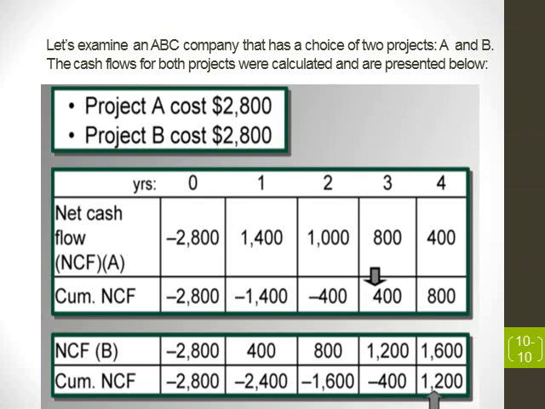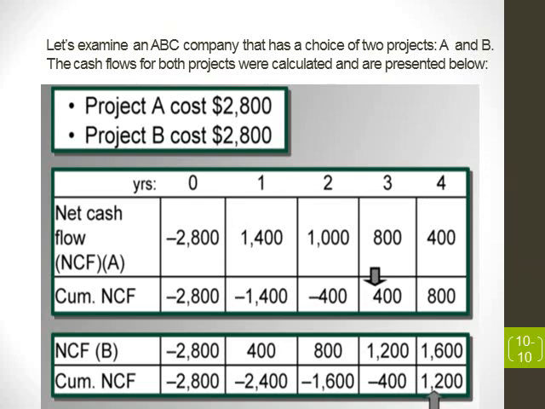In the first year we get 1,400 back as the recoup of the investment of that project. In the second year we get 1,000, in the third year we get 800, and in the fourth year we get 400.